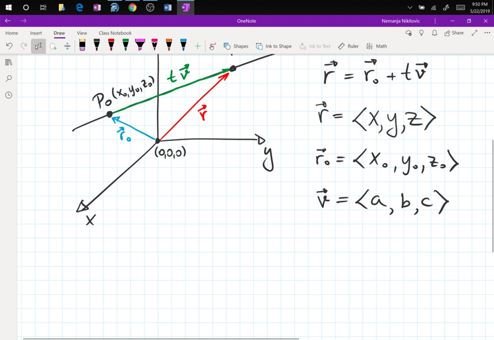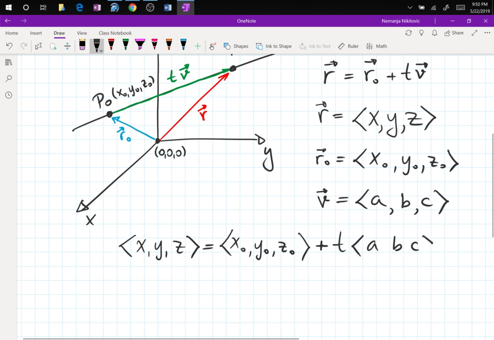Now when you plug all of these into the equation above, we get vector x, y, z is equal to vector x0, y0, z0 plus t times a, b, c.